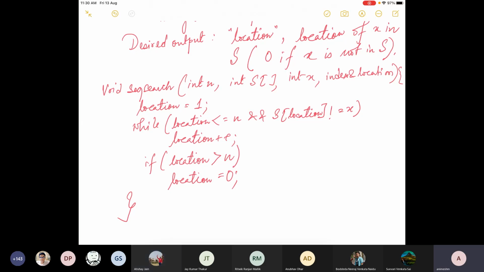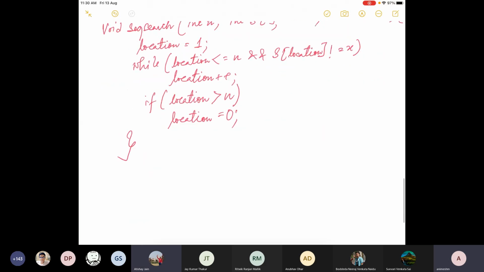Okay. So what I was trying to say is that this is a typical example of a sequential search algorithm. You know better than me how to write a code like this. The only thing to note is that the location, since it's a pointer variable, we are not returning it. We are setting it here itself. So it's a call by reference.